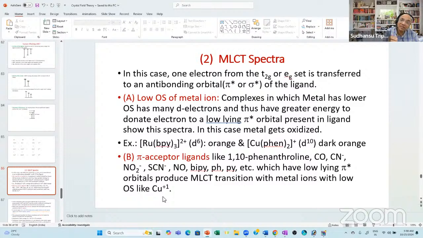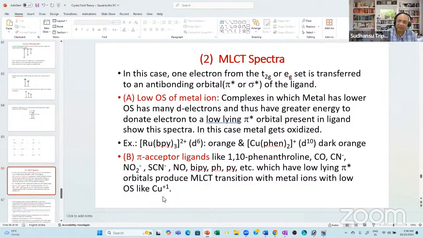But such complexes show intense MLCT peak in the UV region, but that doesn't extend to the visible region. Therefore, we say colorless, and we sometimes write there is d10, so no d-d transition.